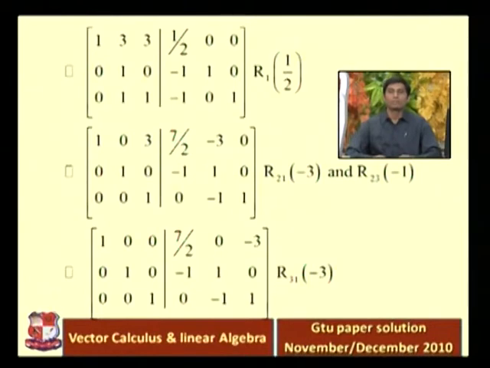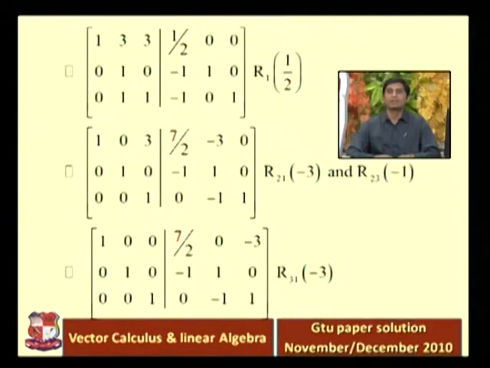Using some row operations, in the first step we had the identity matrix on the right side, but now we get the identity matrix on the left side of the augmented matrix. The right part of the last matrix is exactly the inverse of the given matrix, that is 7/2 0 -3, -1 1 0, 0 -1 1.